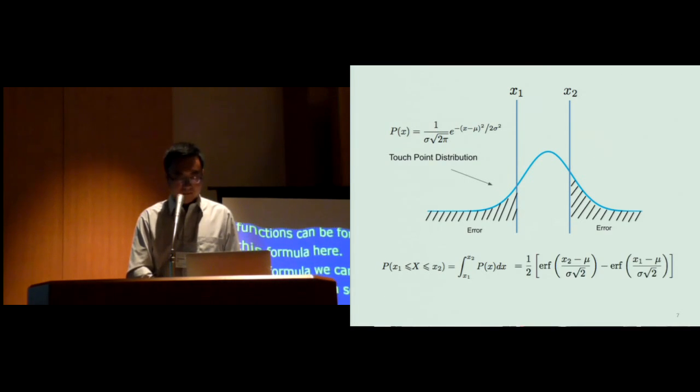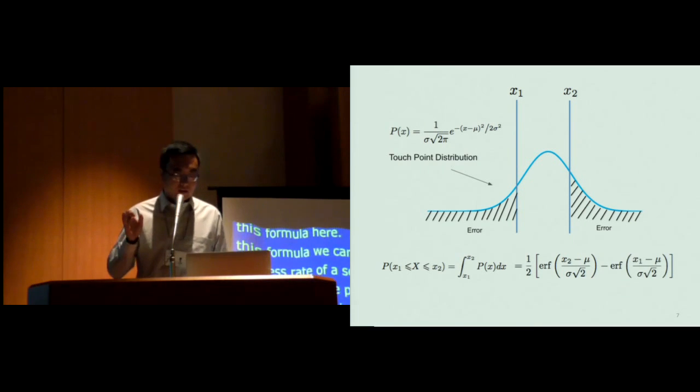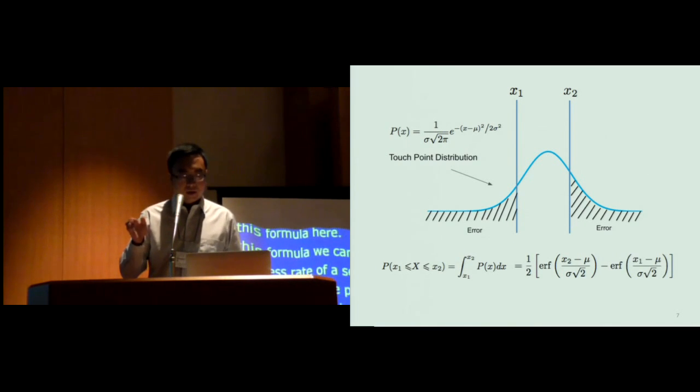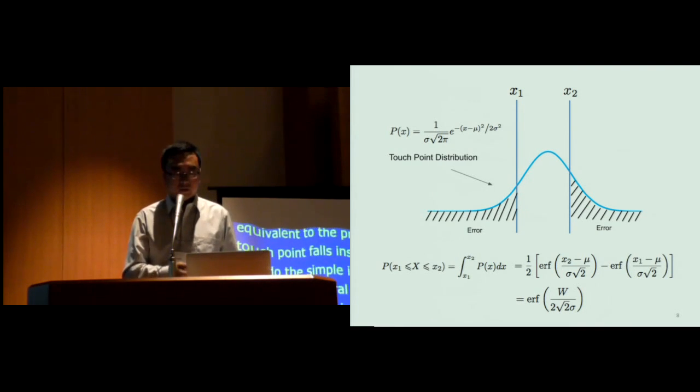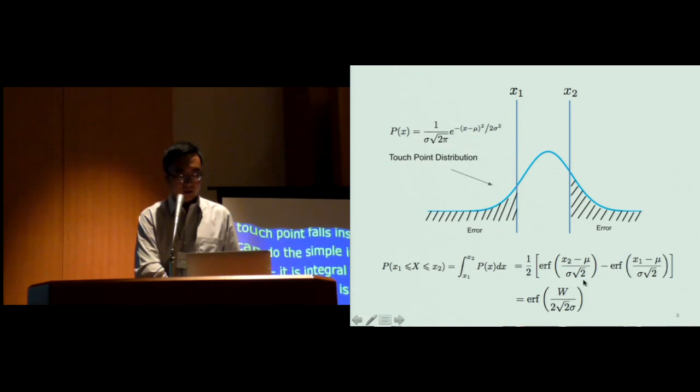Then we just put in the Gaussian distribution here. This is straightforward. If we assume that the center of this Gaussian distribution is the target center, we can further reduce the formula to this term here.